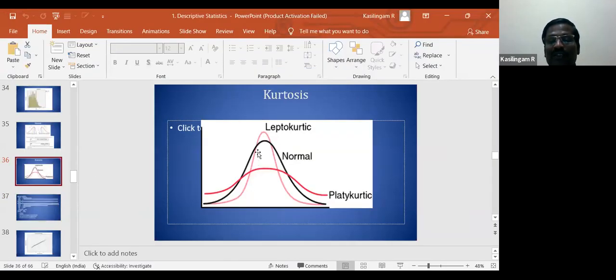So this is the normal curve. We will take one example for leptokurtic or some kurtosis.